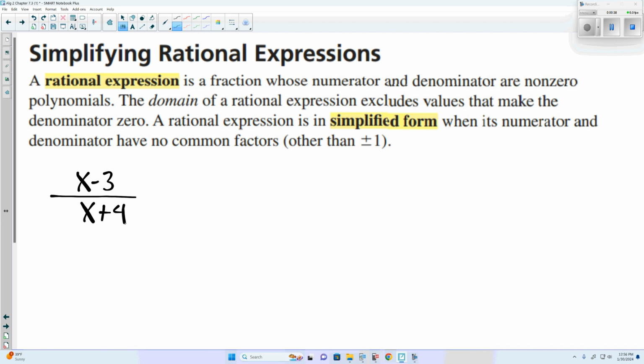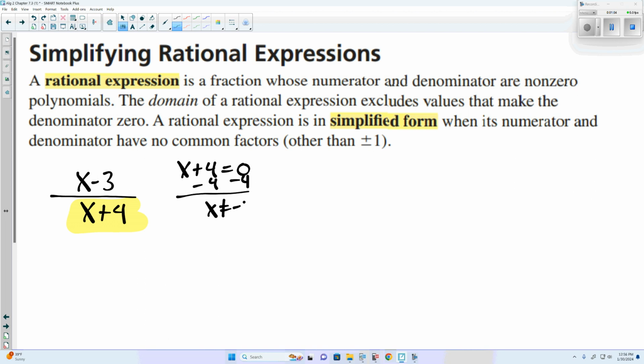The domain of the rational expression excludes all values that make the denominator 0. So we're talking about the values of x. The values of x can be any number except whatever's going to make the denominator be 0. So in this case, it could be any number except what's going to make x plus 4 be 0.